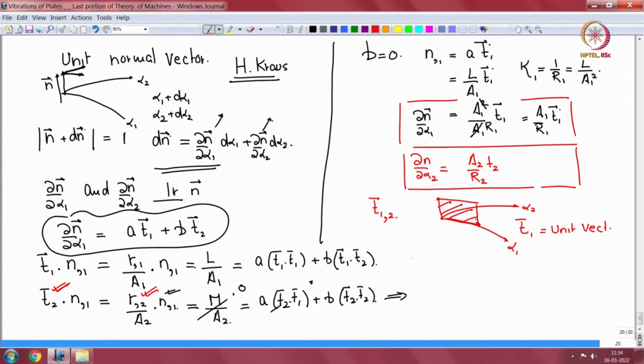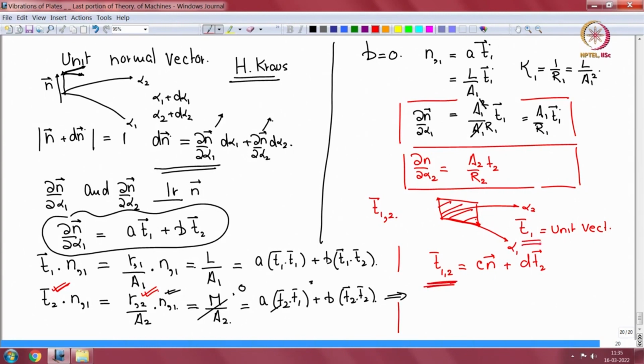So T12 I will write as a component in the normal direction plus a component in the other direction.